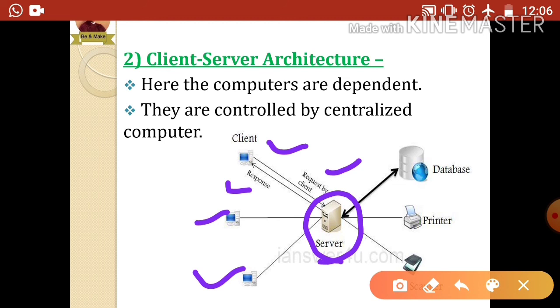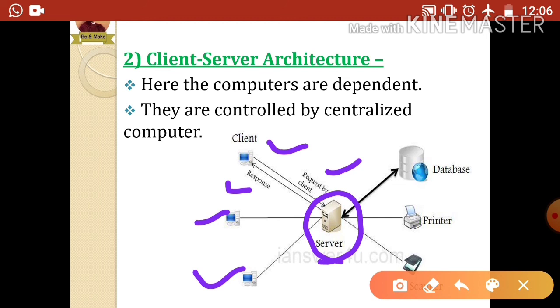So whenever any computer wants to send a message, that computer needs to contact the server first, and then the server is going to send the message to the next computer. So the server will act as a middleman for communication. This type of architecture is dependent on the server.